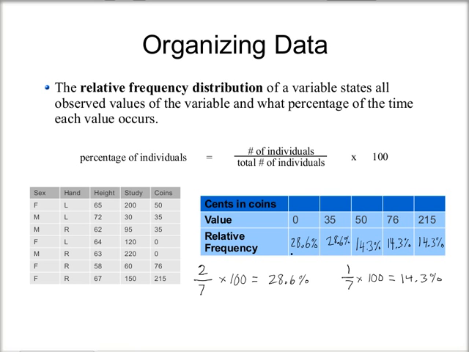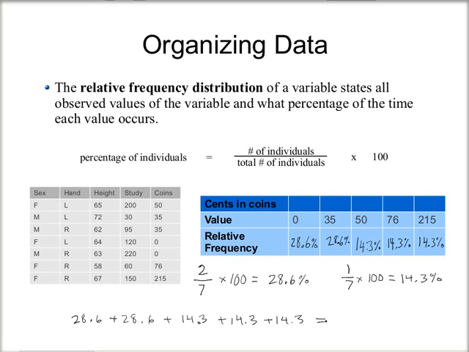A good way to check your relative frequency distribution is to add up all of your percentages, and they should add up to about 100%. So let's do that. We'll have 28.6 plus 28.6 plus 14.3 plus 14.3 plus 14.3.